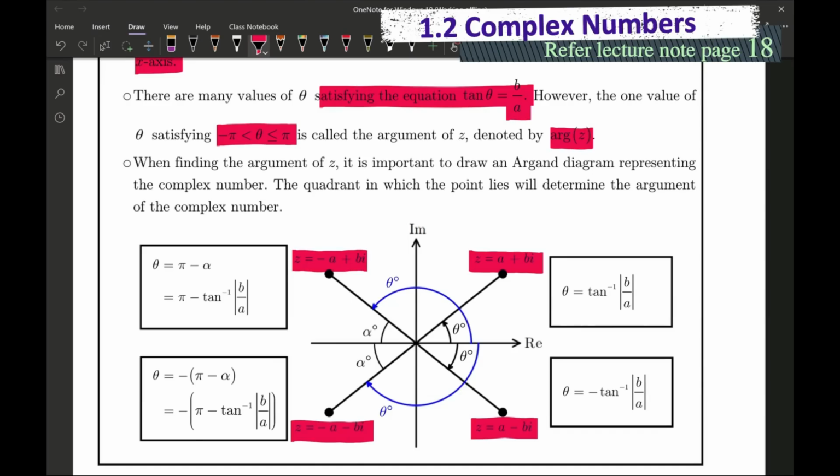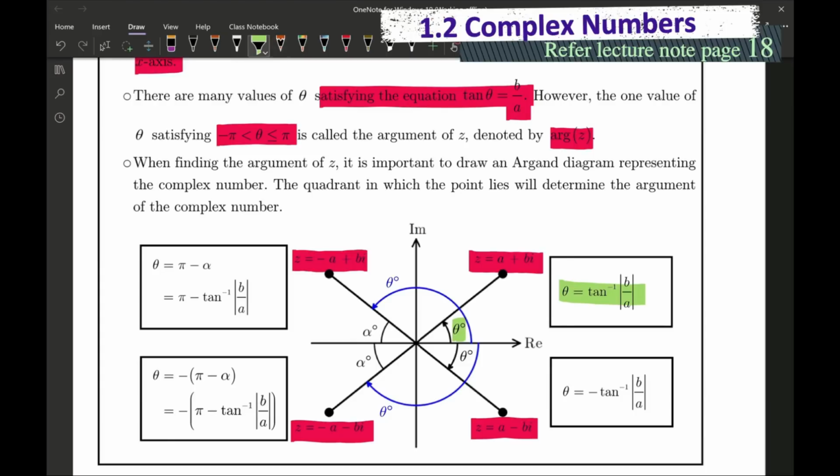For the first quadrant, finding theta is very easy: tangent theta equals modulus of b over a, so theta equals tangent inverse of modulus of b over a. It is direct, we can see it obviously. What about the second quadrant?